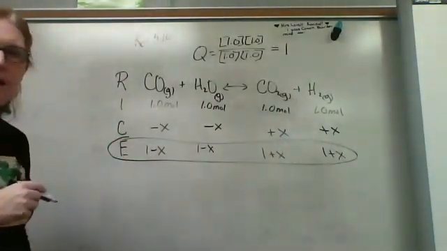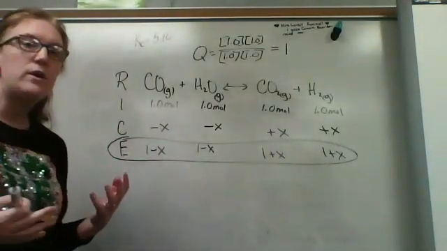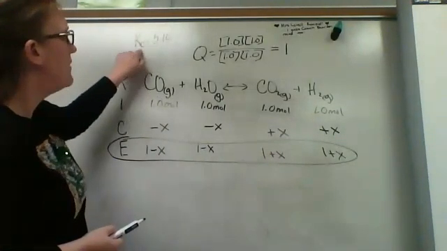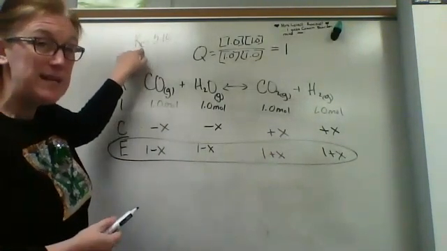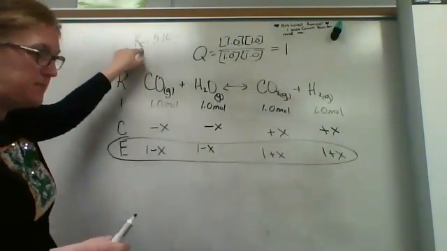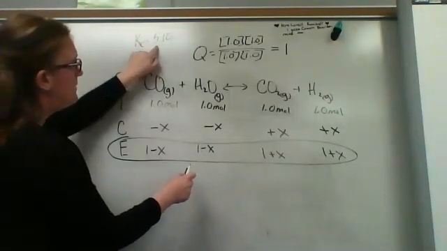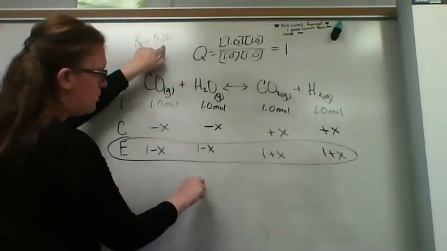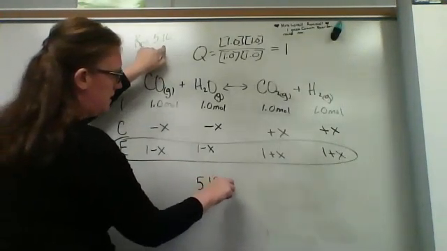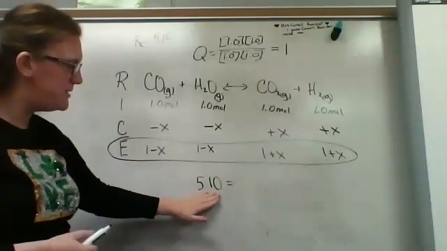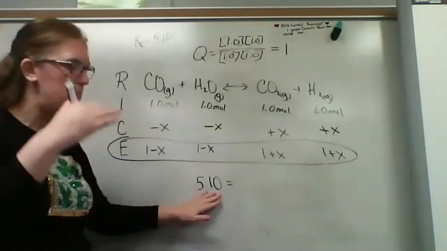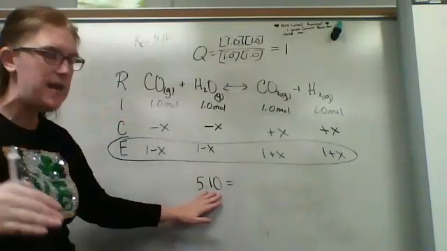Now we're going to take what we know about the equilibrium. We know Kc is 5.10 at equilibrium, that's our constant. So we're going to write an equilibrium expression with this information. 5.10 equals Kc, and I'm going to put my products over my reactants.